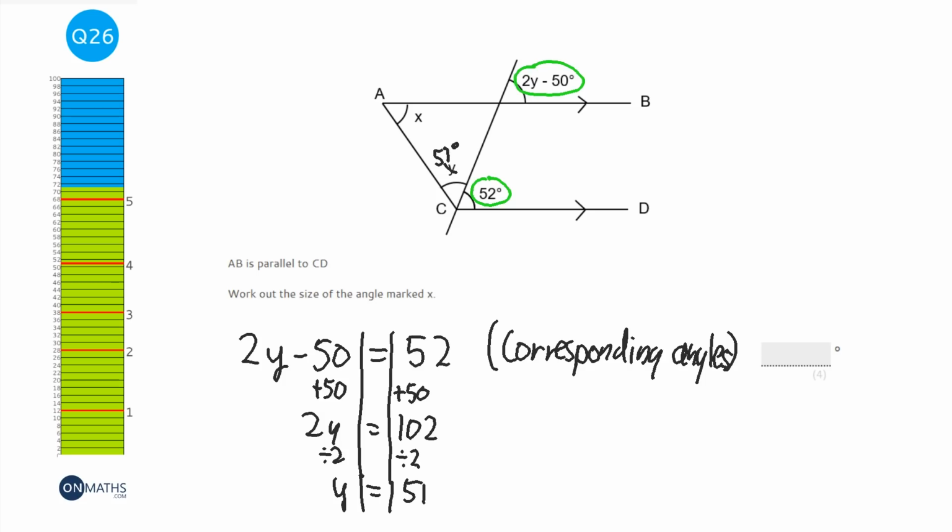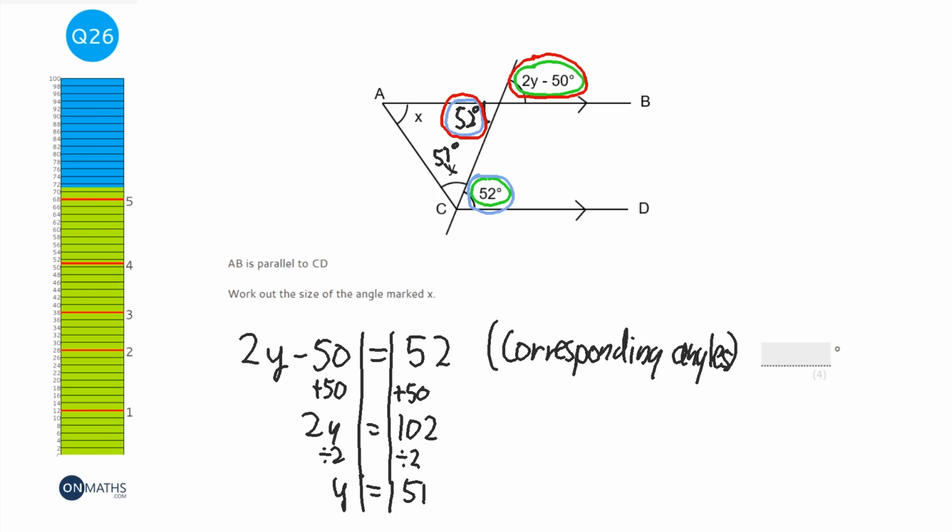Now I know that this is 52 degrees because if you look at this, I'll use a different colour, this angle here and this angle here are Z angles or alternate angles. Or you can say that this 52 degrees here is equal to this here, which is also 52, because they're vertically opposite angles.